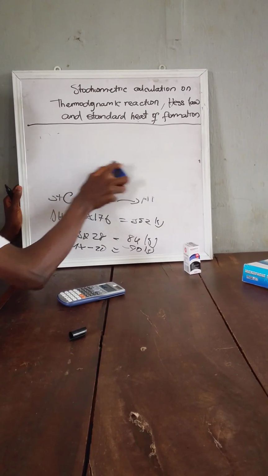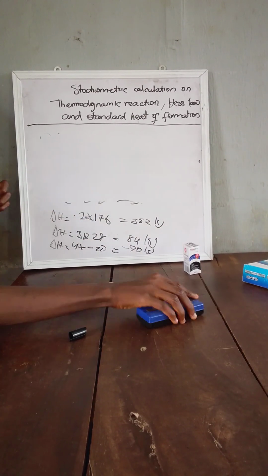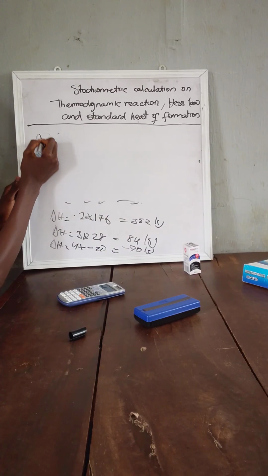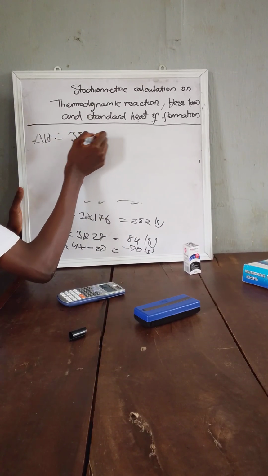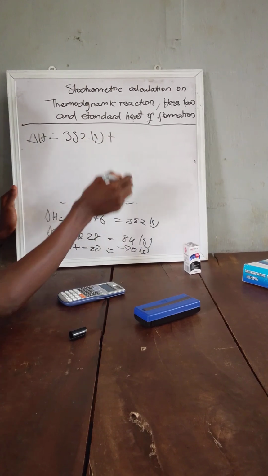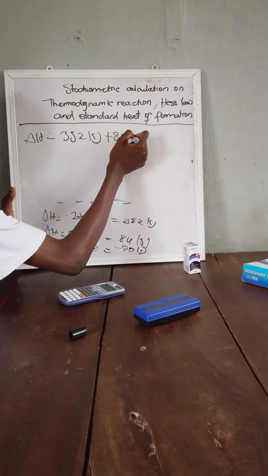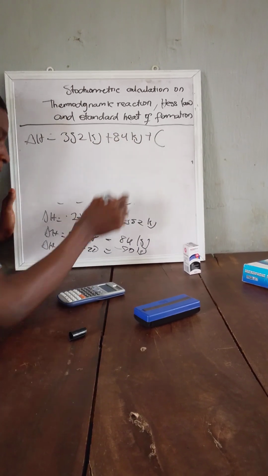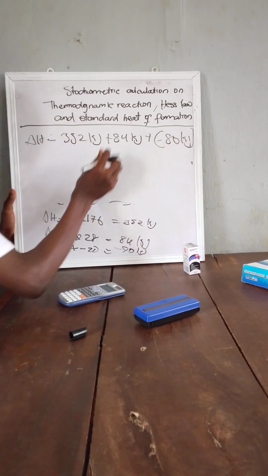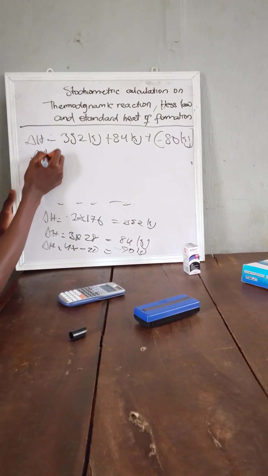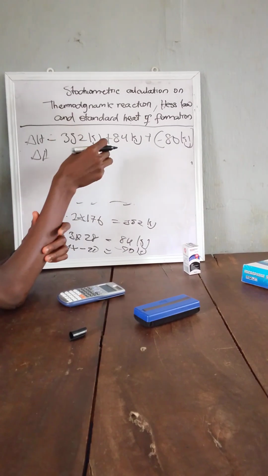So at the end of the day, my delta H for this reaction will be equal to 352 kilojoules plus 84 kilojoules plus, in brackets, minus 80 kilojoules. Most of you don't do calculations very carefully.